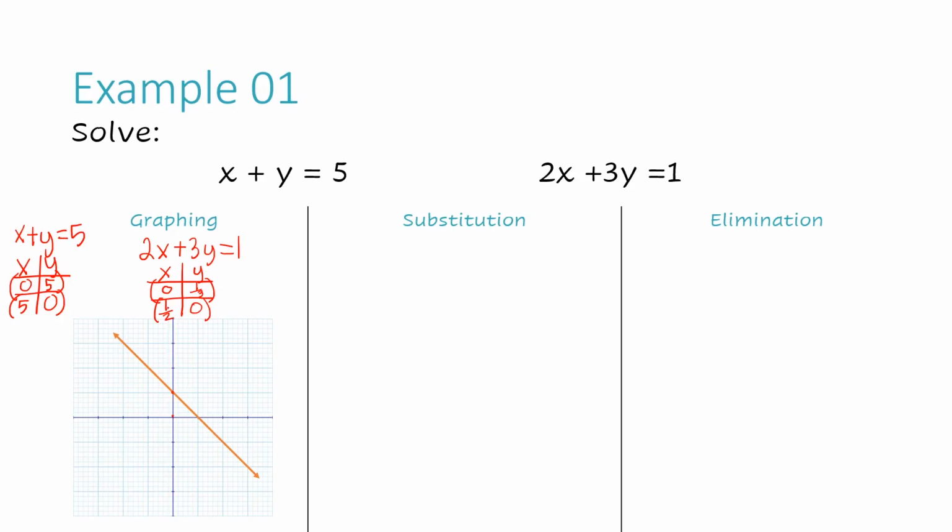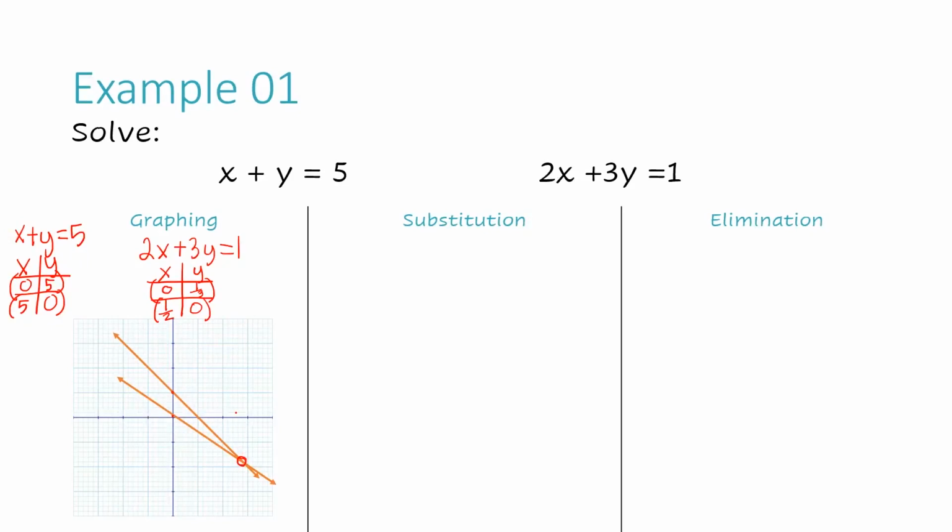Now I'm going to graph the 1/2, 0. Now those two dots end up being very close to each other, but that's okay. You can still connect them with a line, and our overall point is to see where our two lines intersect. So let's graph our line right now, and this is what we get. Now I can see that our two lines intersect down here.